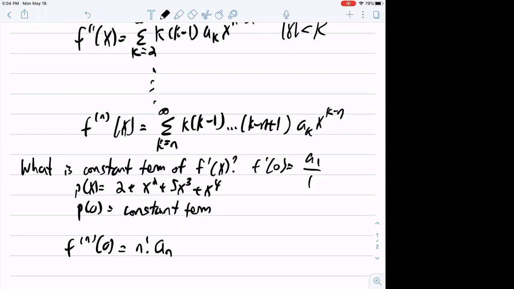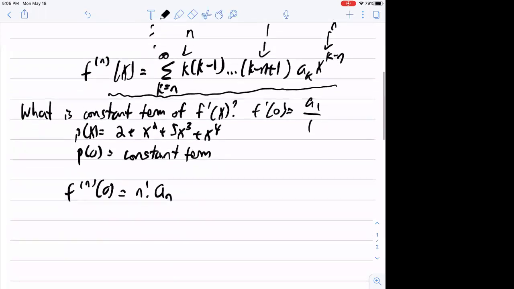Because what term survives here? If you look here, what's the constant term? The constant term is when you have x to the 0 power, and that's when k minus n is 0, that's when k is n. And when k is n, this thing just becomes 1, n minus n plus 1, so it's n factorial.